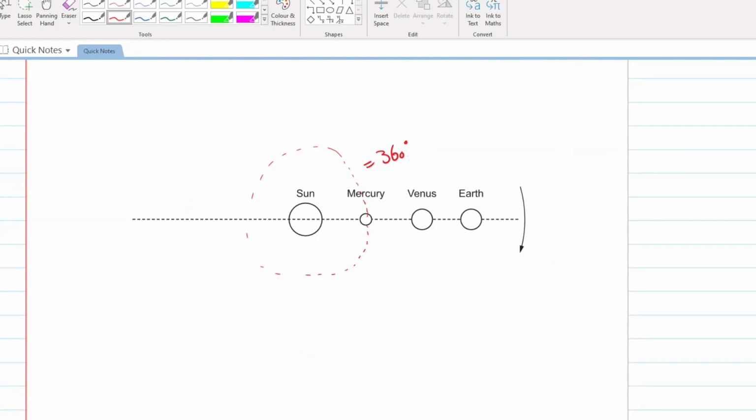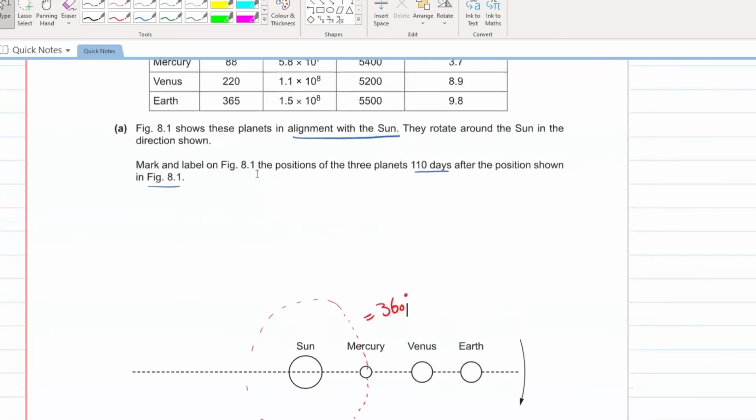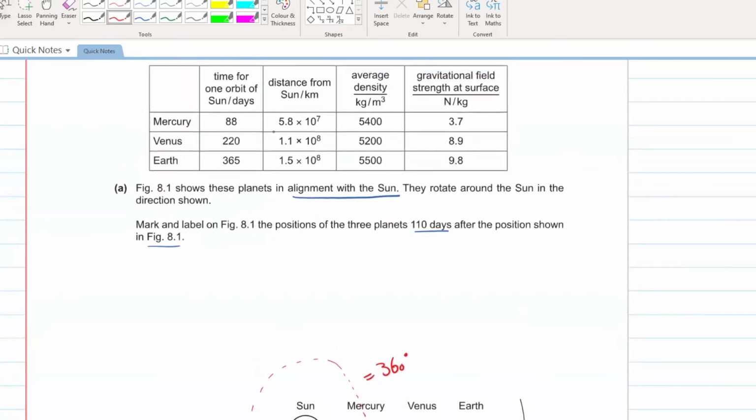Now we have to draw the position of all these planets after 1110 days. So what will we take?